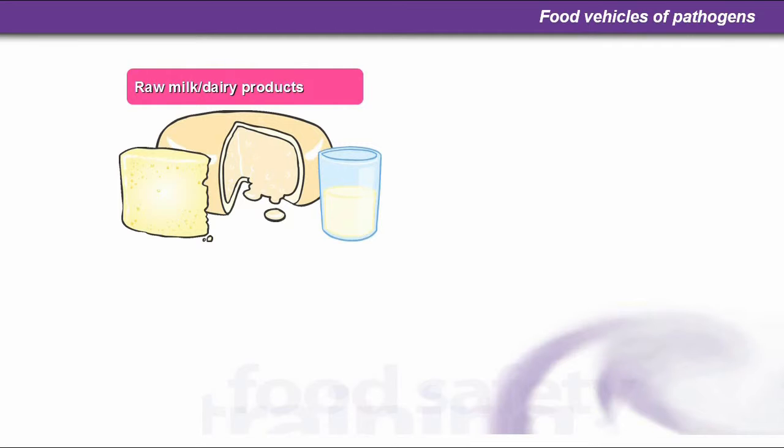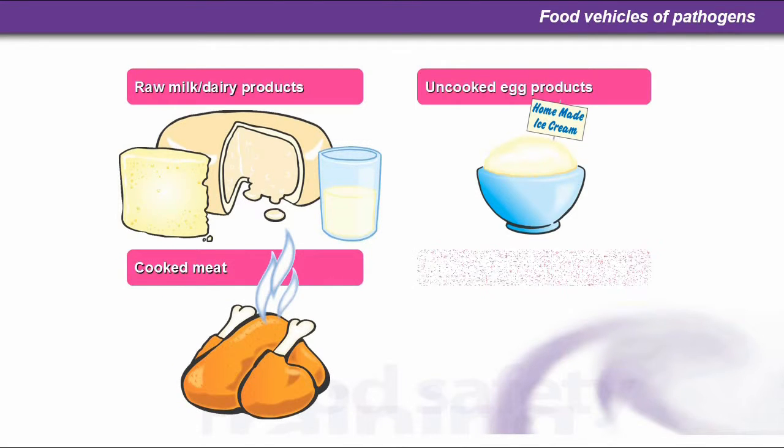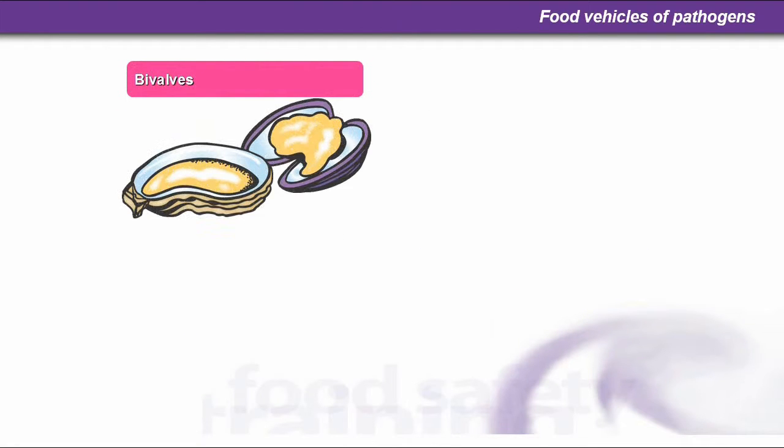They get around through raw milk, dairy products, uncooked egg products, homemade ice cream for example, cooked meat, rice, bivalves, i.e. things like clams and mussels.